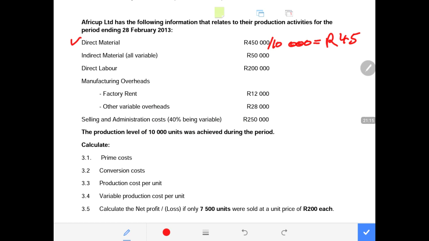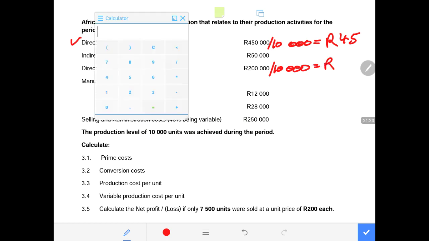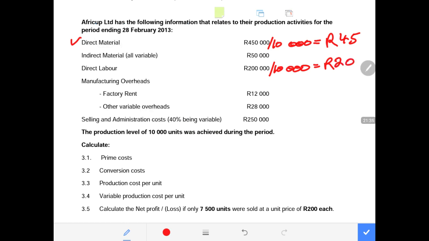The same concept will apply where we divide by 10,000. 200,000 divided by 10,000 will give us 20 rand per unit. So that means employees are being paid 20 rand per unit.